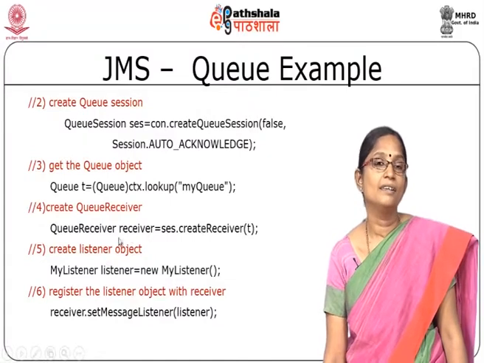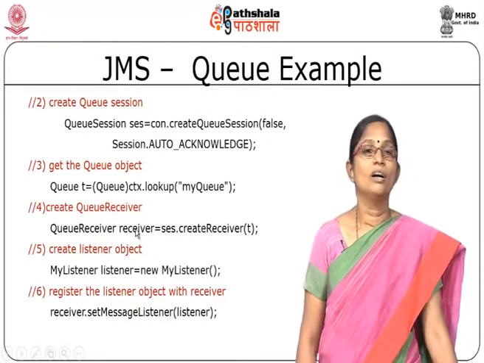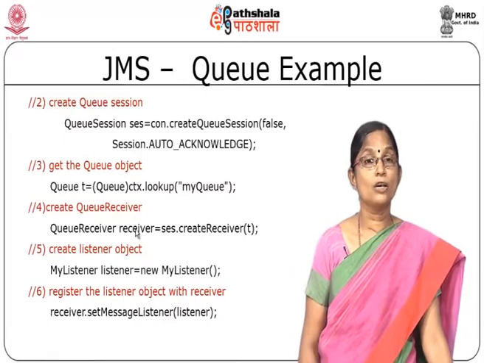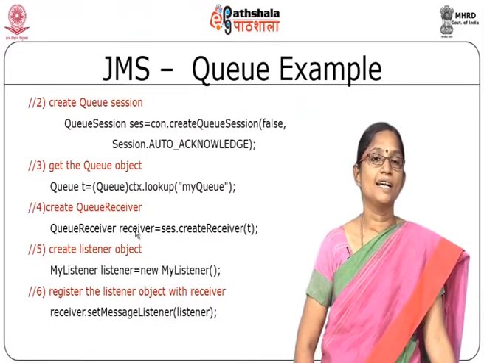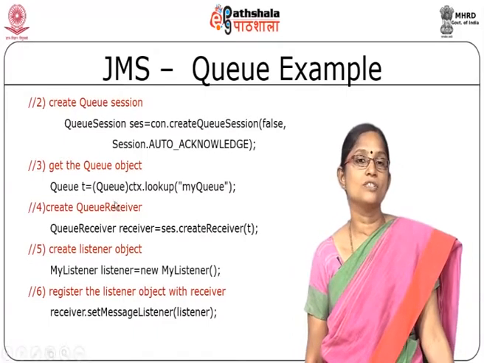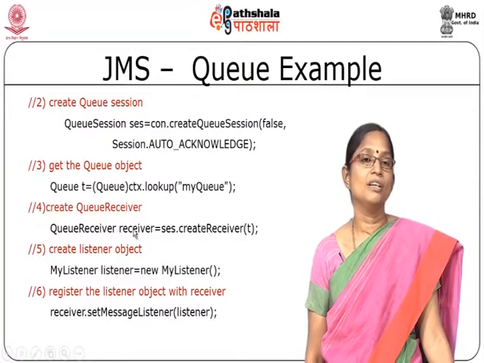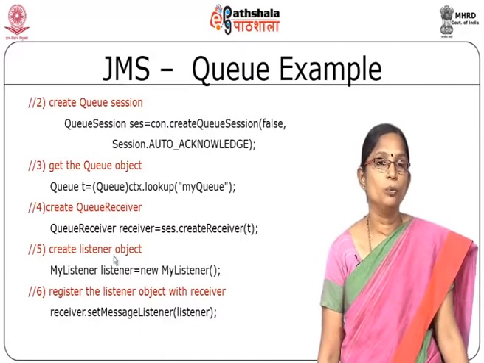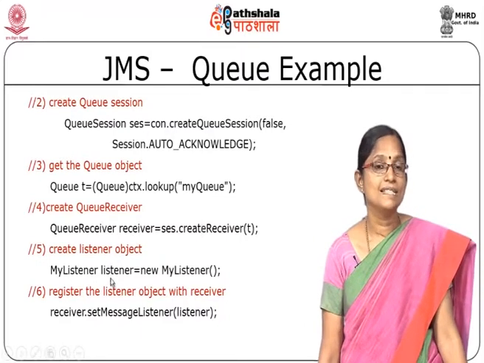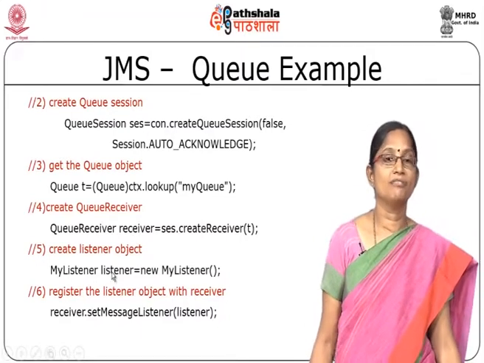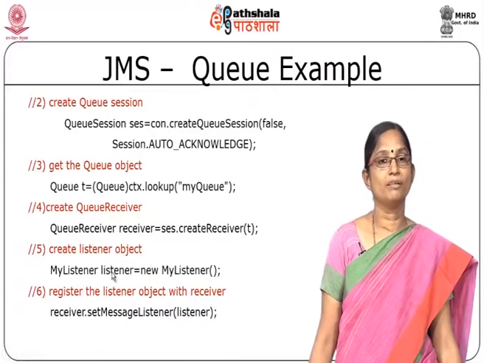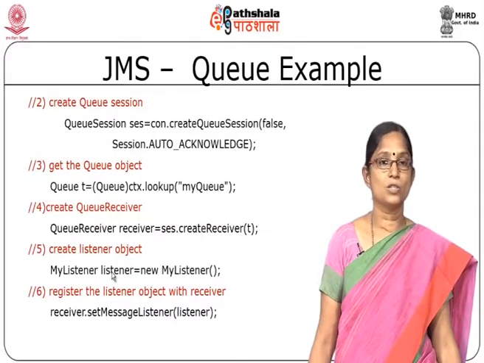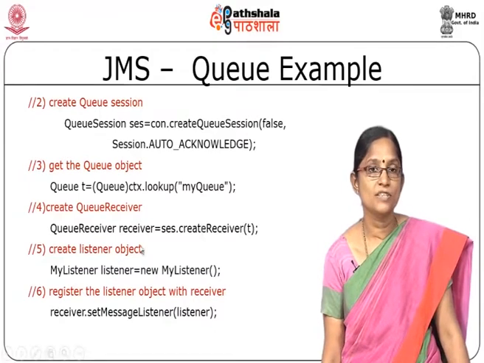Now, if it were synchronous communication, we could directly call the receive method over the receiver object. Here we are going to follow the asynchronous mode of communication. So what we do is create a message listener. Earlier we have studied that if we want to follow the asynchronous mode of communication, then we have to create a message listener. So a message listener has been created.